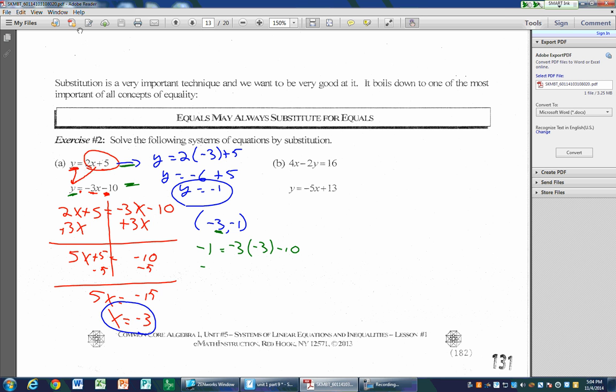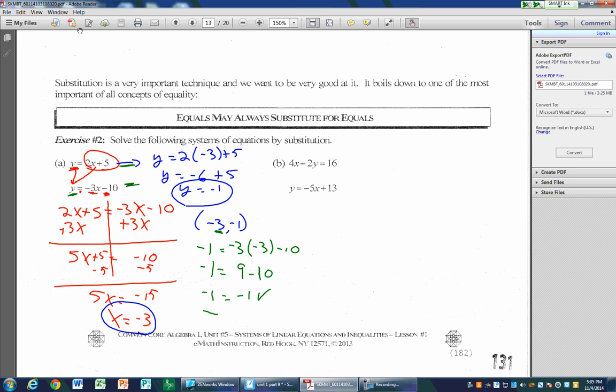I don't know if this works or not. Negative 1 equals negative 3 times negative 3 is positive 9 minus 10. Now, 9 minus 10 is negative 1, so it does check. Negative 1 is the same as negative 1.